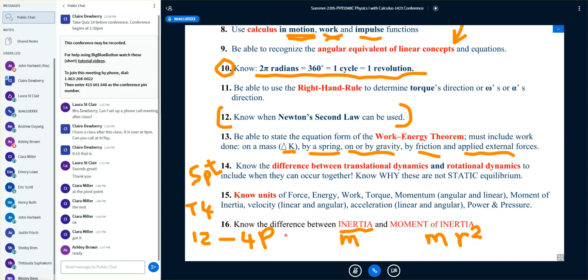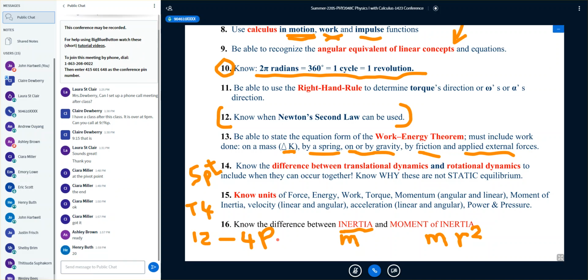They all involve a pivot point. If you work these 4 problems without indicating a pivot point, you lose how many points on test 4, ladies and gentlemen? The answer might be right. 20 points. Thank you, Henry. Ladies and gentlemen, you don't want that to happen.